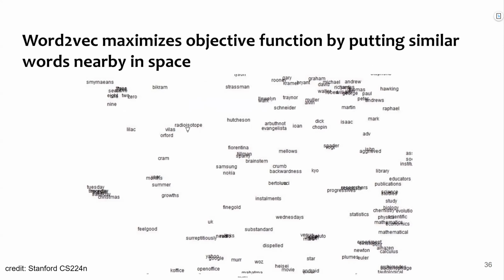Okay, this is another visualization of learned word vectors. Similar words are clustered in a similar region, like Tuesday, Christmas, like this. Okay, we are going to see how we can implement this one in the implementation session.